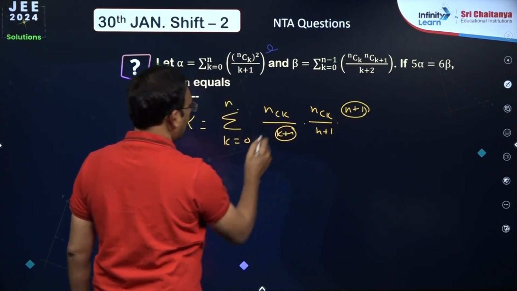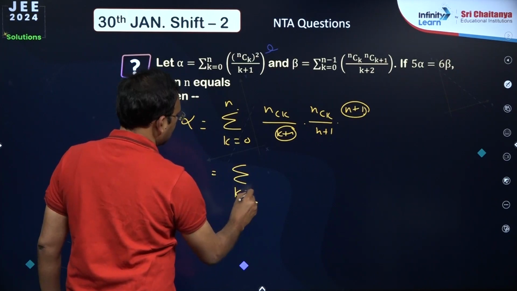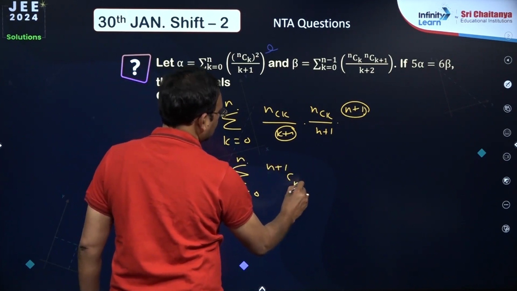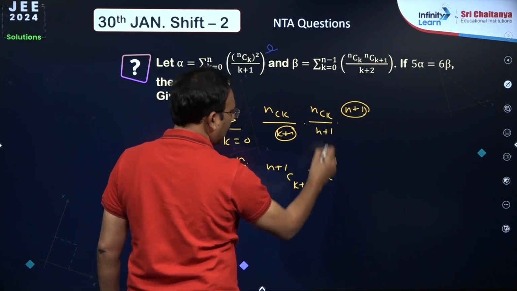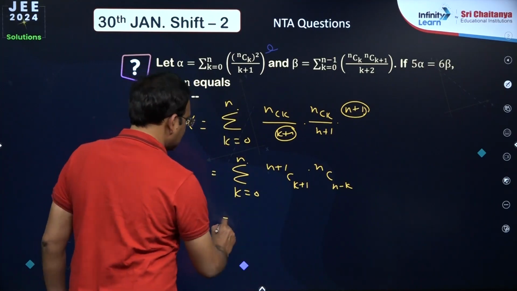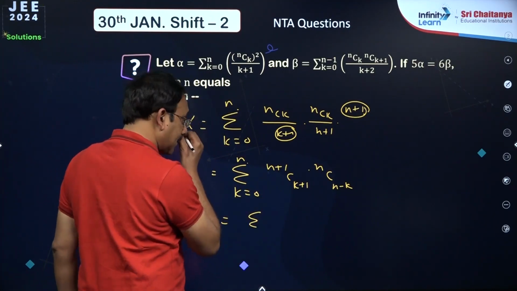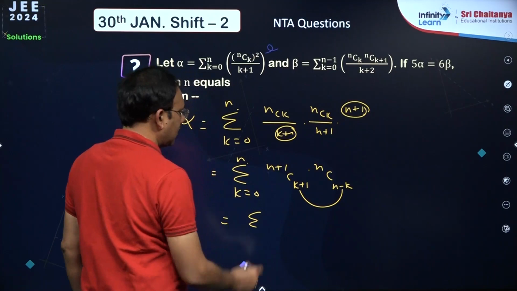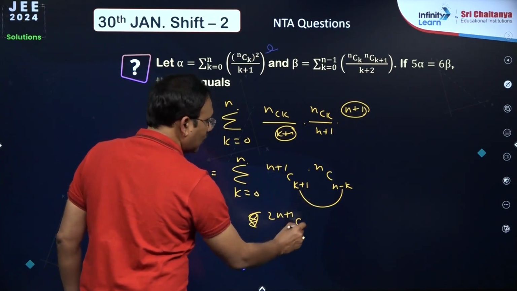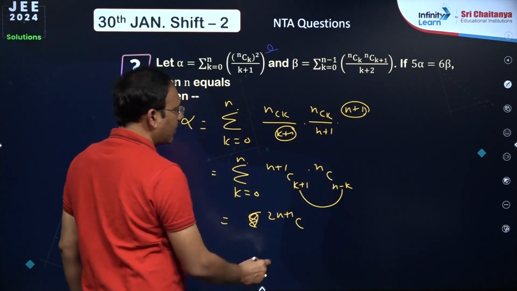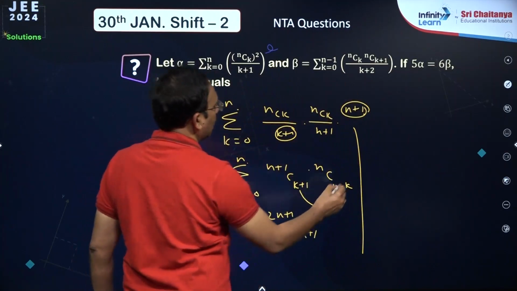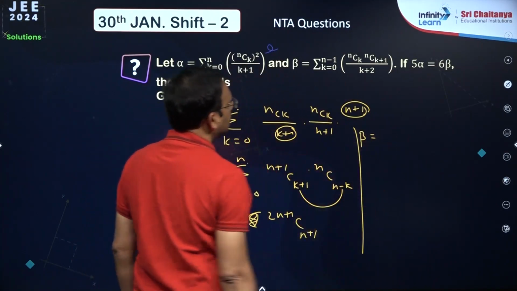This n plus 1 by k plus 1 will become sigma k equals 0 to n, n plus 1 C k plus 1 into nCk. nCk you can write as nC n minus k. By Vandermonde's theorem you can write this as, you see, the sum of these two is constant, n. This is going to be 2n plus 1 C, the sum going to be n plus 1.